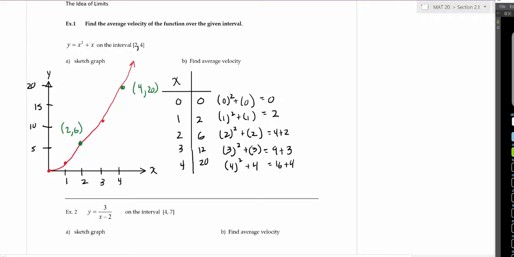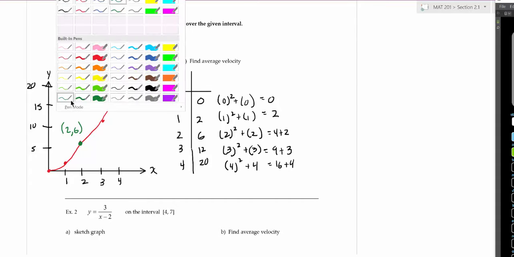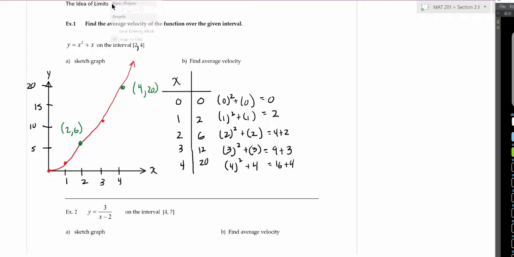So what we end up having is a secant line that we can find the slope of, okay? So what I'm going to do here is sketch out roughly a secant line on here. Okay, kind of get this lined up a little bit better here.